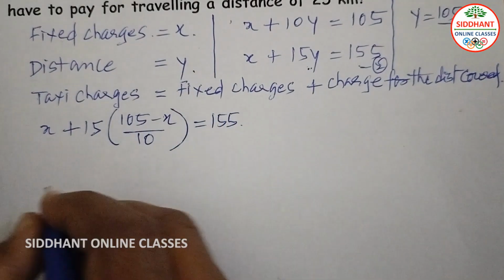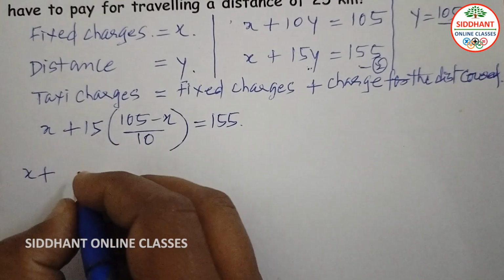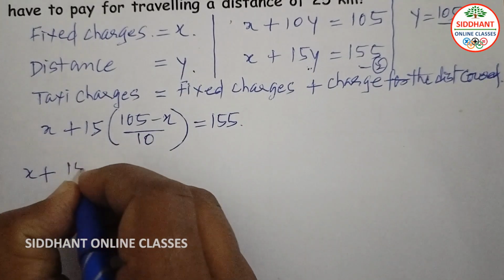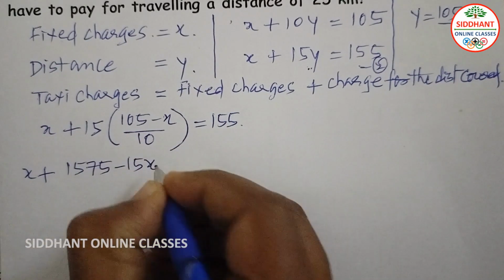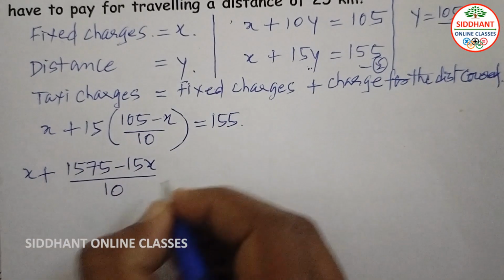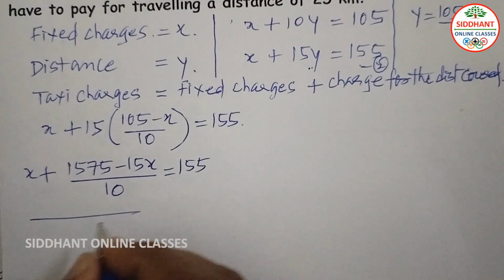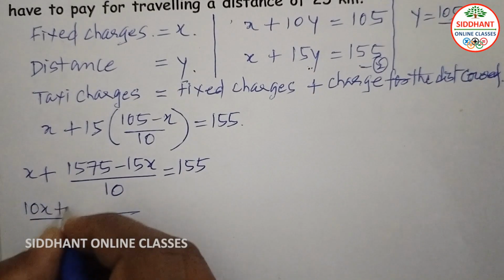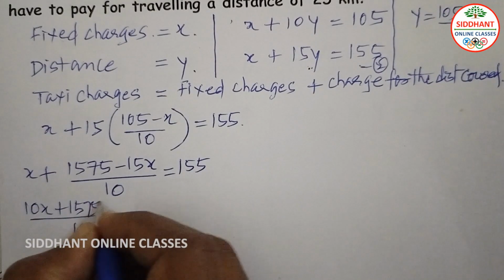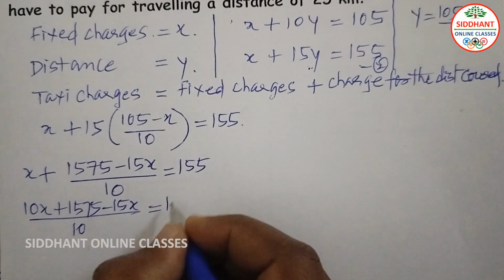So now x plus 15 into 105, which will be 1575 minus 15x by 10 here, that equals 155. So taking LCM 10, here 10x plus 1575 minus 15x equals 1550, 155 into 10.